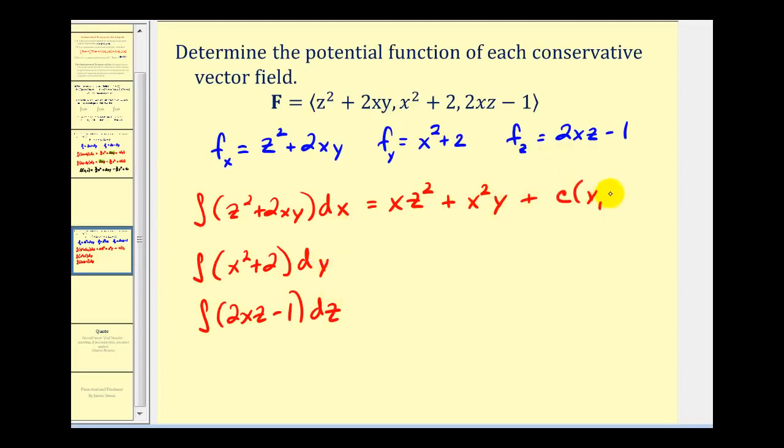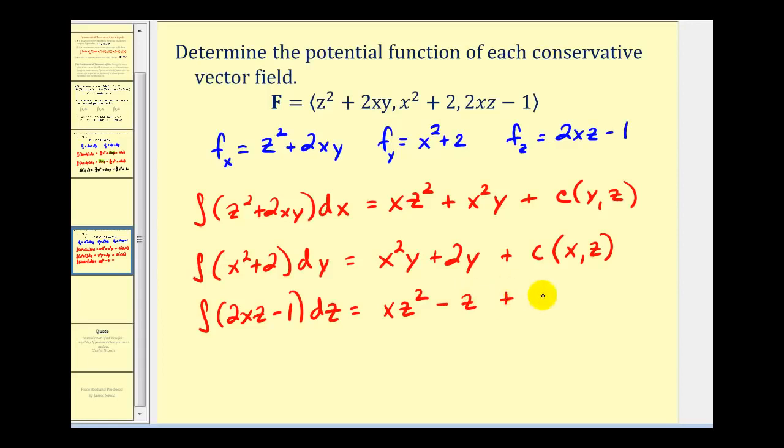So we'll call it c of yz. Integrating with respect to y here, we'll have x squared y plus 2y. And then our constant of integration can be a function in terms of x and z. Integrating with respect to z here, we're going to have 2x times z squared over 2, or xz squared minus z plus a function in terms of x and y.